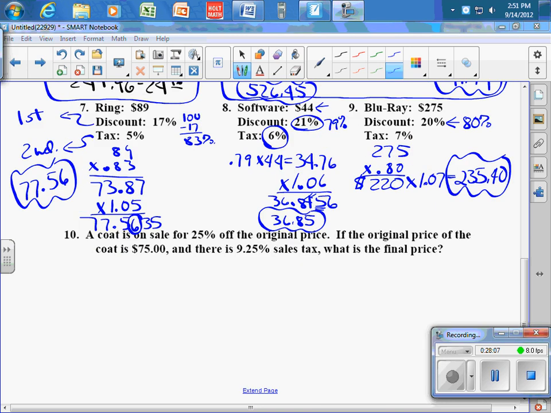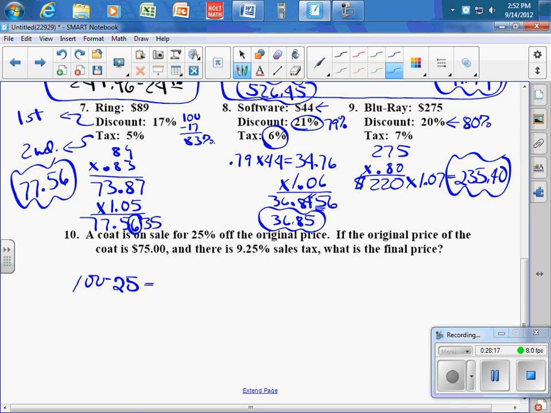And lastly, for a coat being on sale for 25% off the original price, so I'm going to take 25% from 100. So we're actually going to be paying 75% of the price of $75. So what's 0.75 times 75? We would get 56.25.